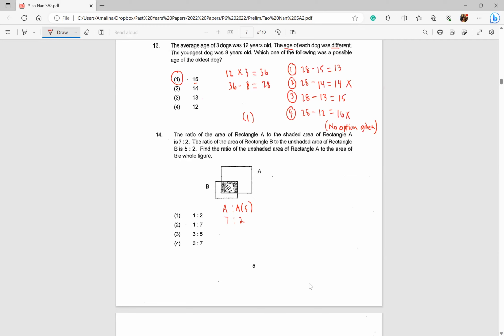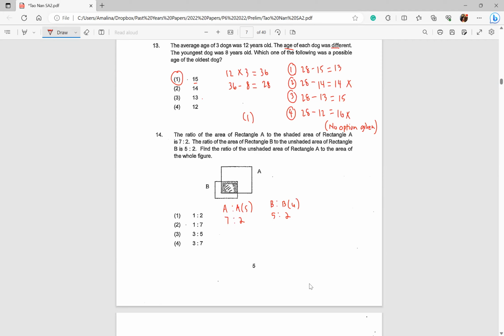The ratio of the area of rectangle B to the unshaded area of rectangle B is 5:2. So B to B unshaded is 5:2. Find the ratio of the unshaded area of rectangle A to the area of the whole figure.